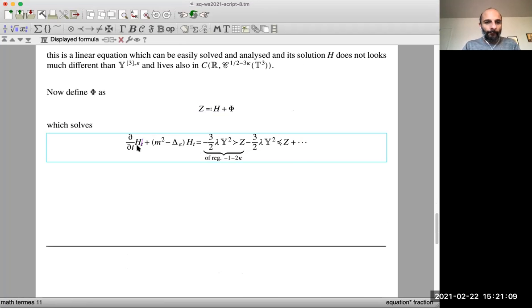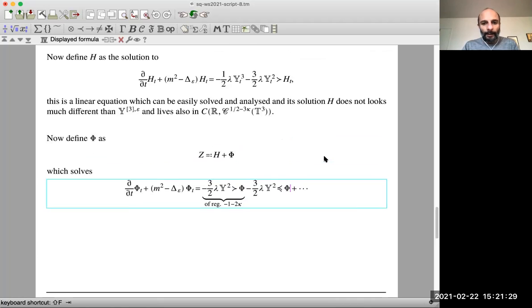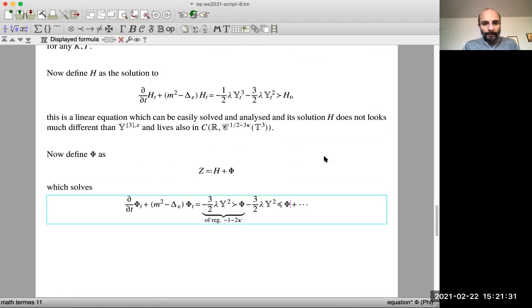So what happens to phi? Phi is the difference between Z and H. Essentially the initial part of the equation is the same, so all the linear part is the same, and then there are other terms.